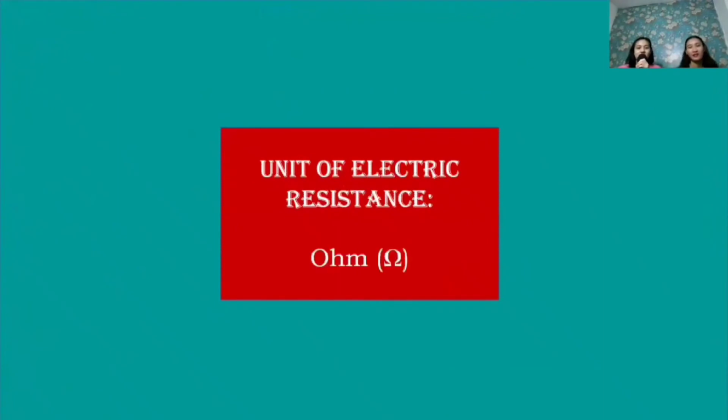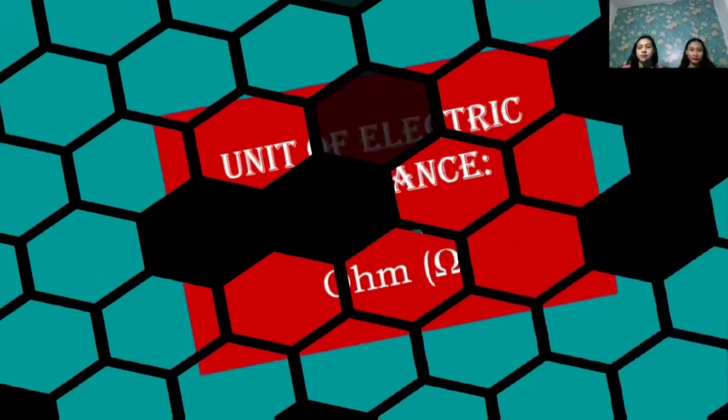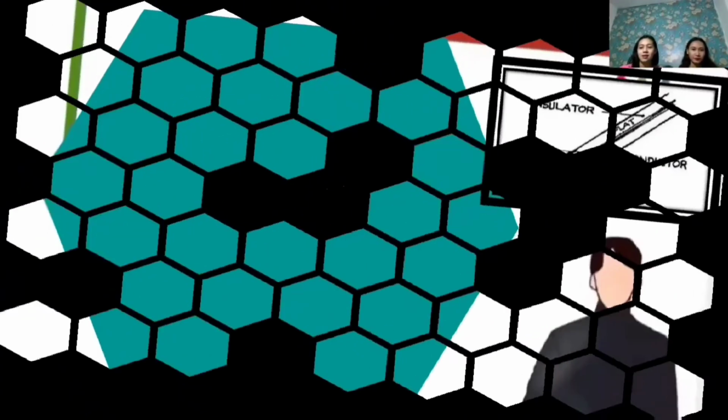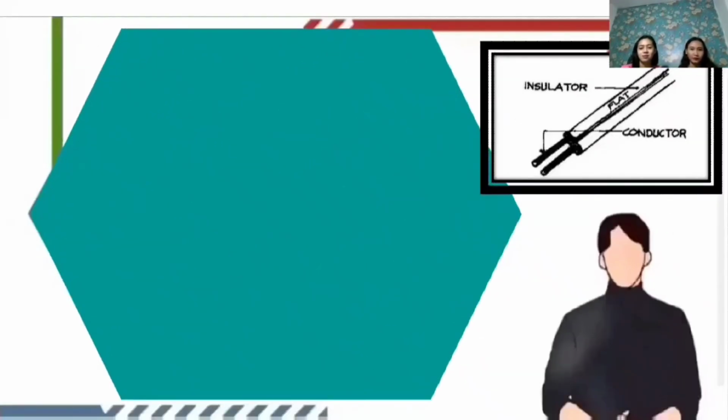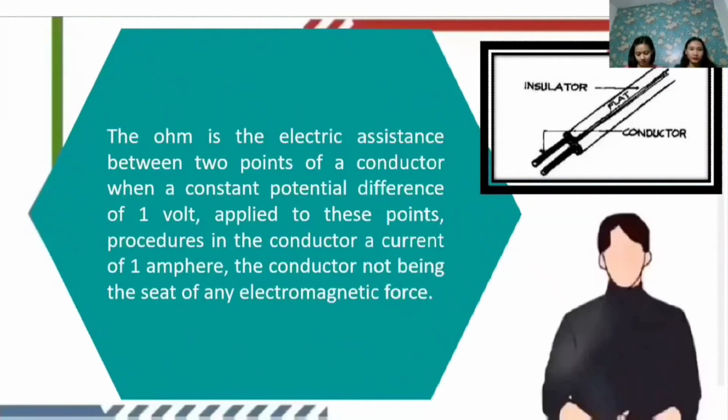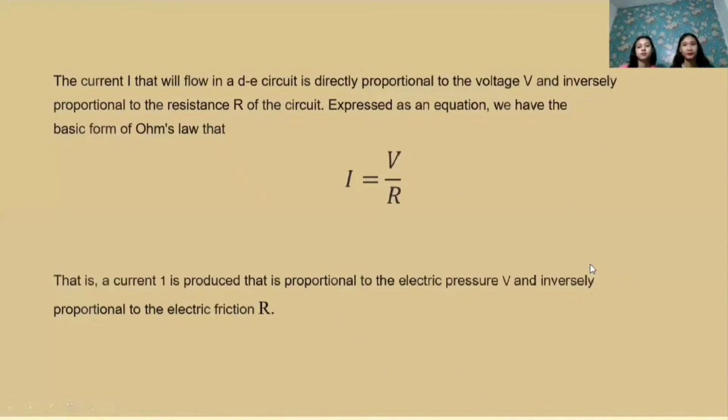Unit of electric resistance. The ohm is the electric resistance between 2 points of a conductor when a constant potential difference of 1 volt applied to these points produces in the conductor a current of 1 ampere, the conductor not being the seat of any electromotive force.